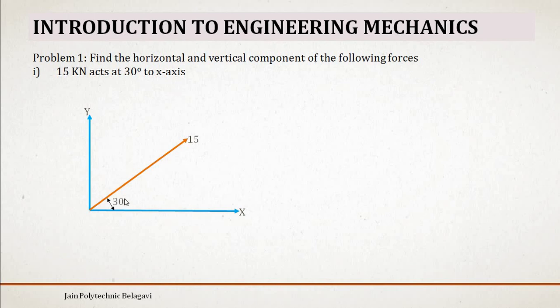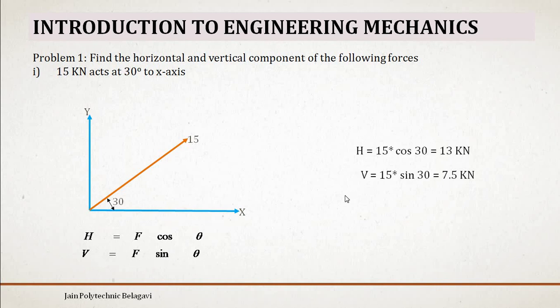You may find the angle of inclination is 30 degrees for this force of 15 kilonewton. Now we will come back to the two components. Here we have the horizontal component as F cos theta and the vertical component as F sin theta.